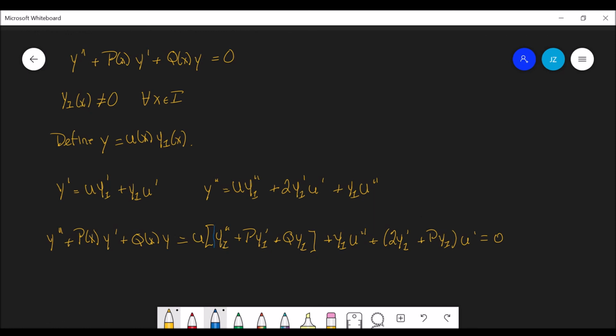But this right here is 0 because y1 is a solution to the differential equation.